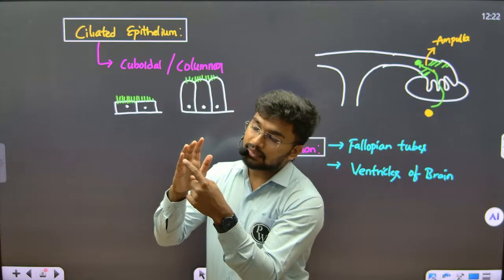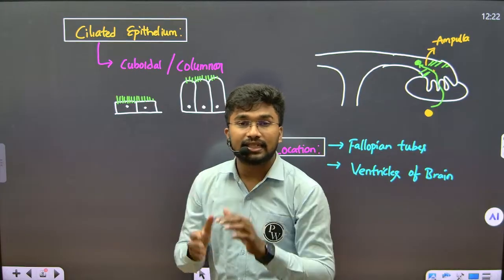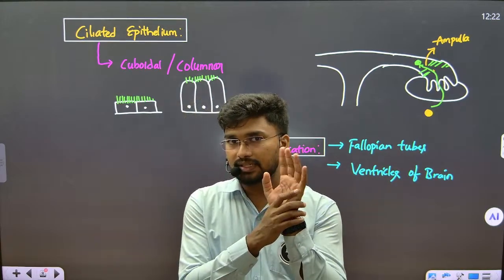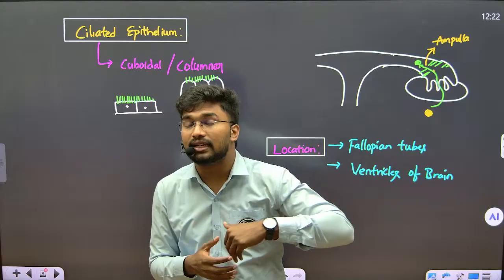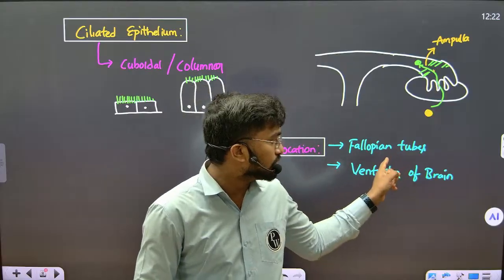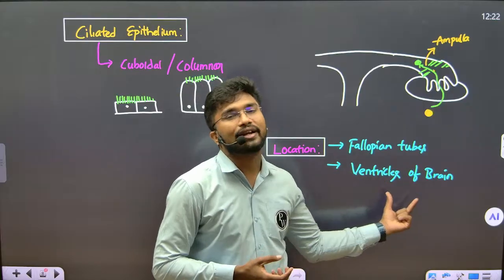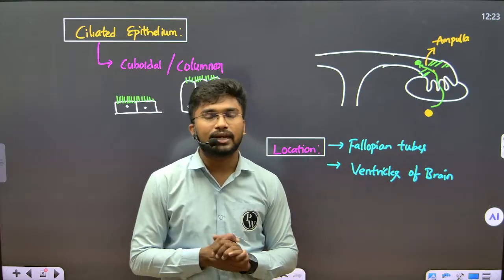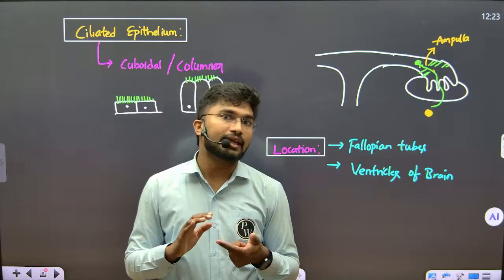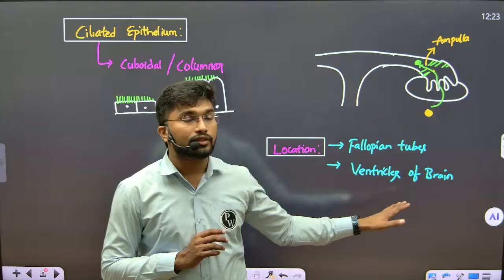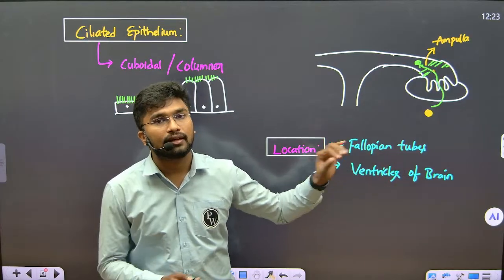Inside the choroid plexus, some cells are there. These cells are called ependymal cells. These ependymal cells are also ciliated, as well as they produce cerebrospinal fluid. Clear? So that is why I am mentioning ventricles of the brain. Inside the ventricles of the brain, choroid plexuses are there, and inside them, ependymal cells produce cerebrospinal fluid. So that is the reason it is one of the examples.